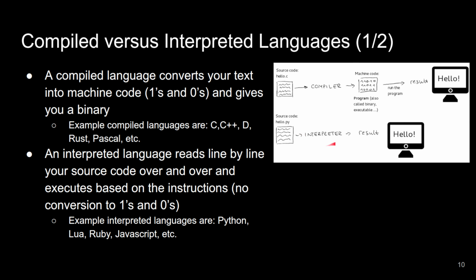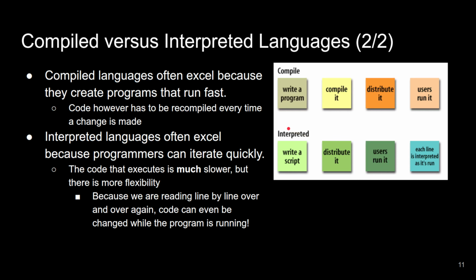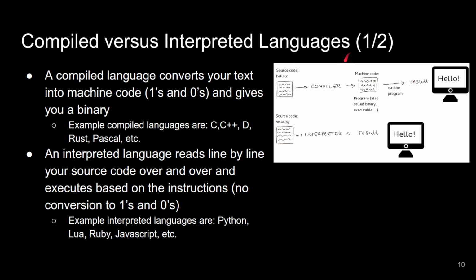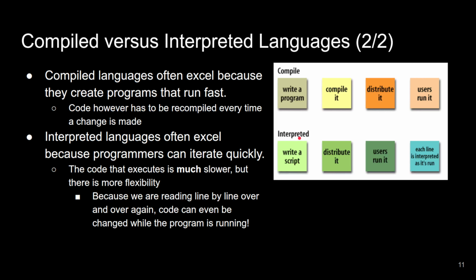It's just immediately reading the source code and, based off of the instruction given, executing the code. So compiled languages usually benefit from going through this compilation stage to machine code because you don't have to reinterpret the results over and over and over again. And that can often result in a very big speed benefit for that particular language.